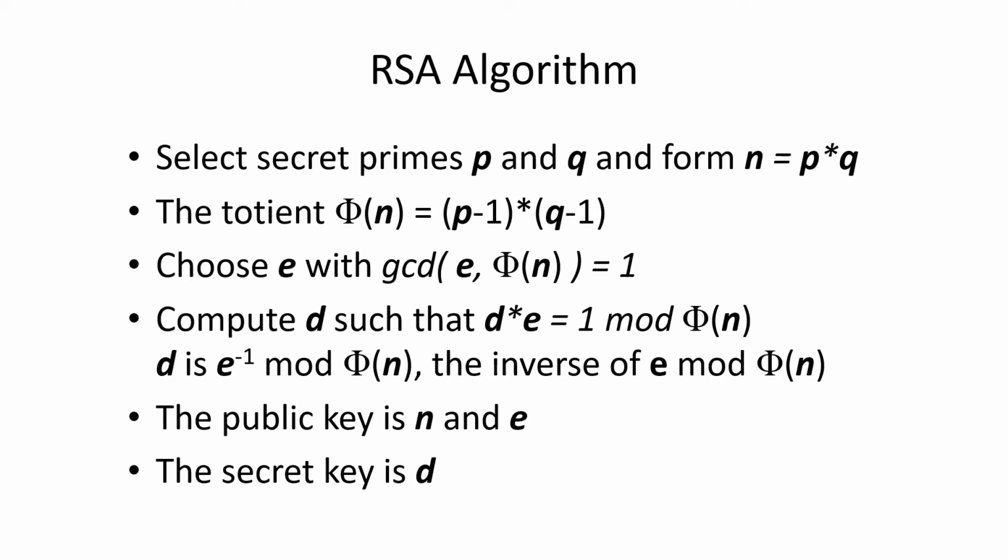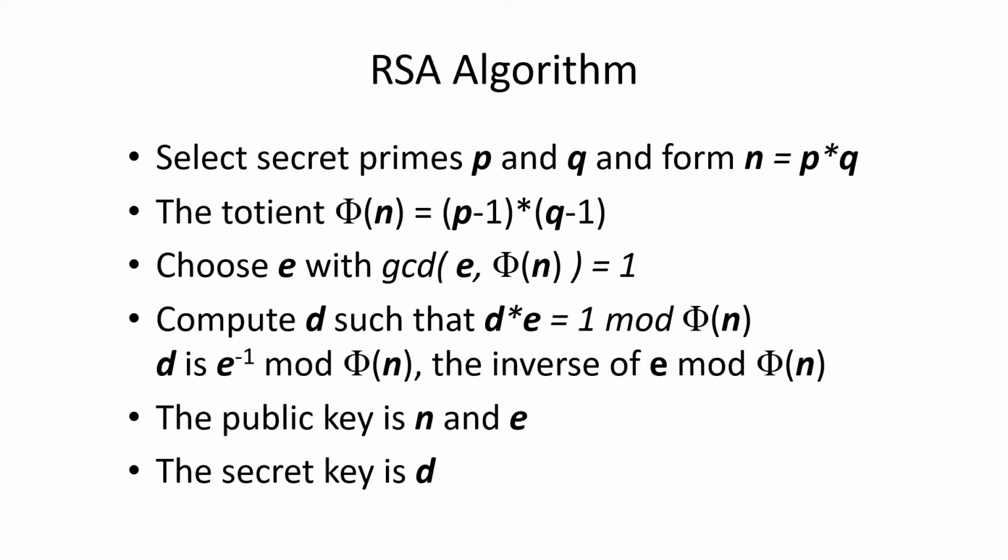The public key is N and E. And in my observation, by the way, E is often the number 64K plus 1. But any value will work as long as it meets this requirement. Okay, once you've got E, then you have to compute D, the secret key.